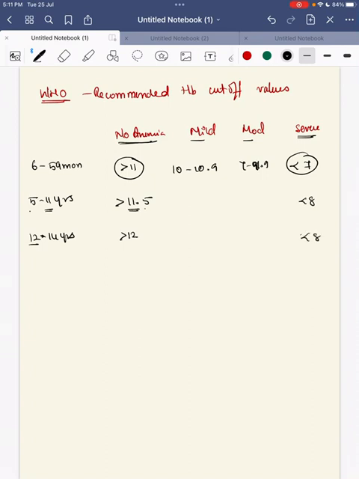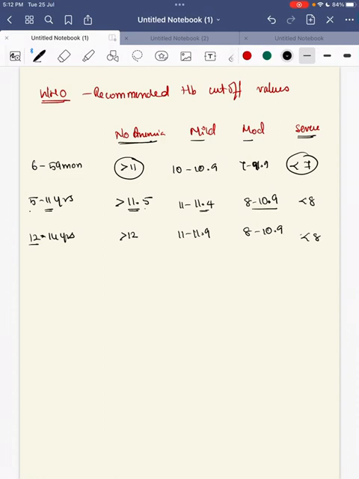So what will be the mild and moderate anemia in these both age groups? Mild anemia will be between 11 to 11.4, since 11.5 is no anemia. In the 12 to 14 years age group, it is 11 to 11.9. That is mild. Moderate anemia is between 8 to 10.9, here also 8 to 10.9.